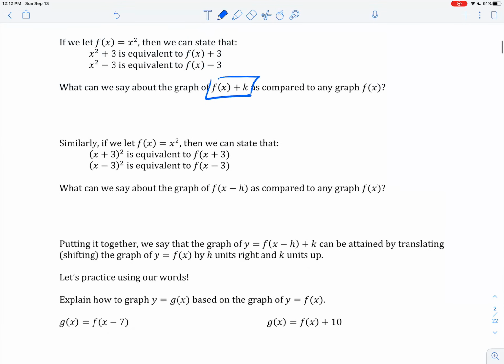So if we have f of x plus k, well, we know if it was plus 1, we'd be shifting up 1. If it was plus 2, we'd be shifting up 2. If it was plus 3, like we saw, we'd be shifting up 3.